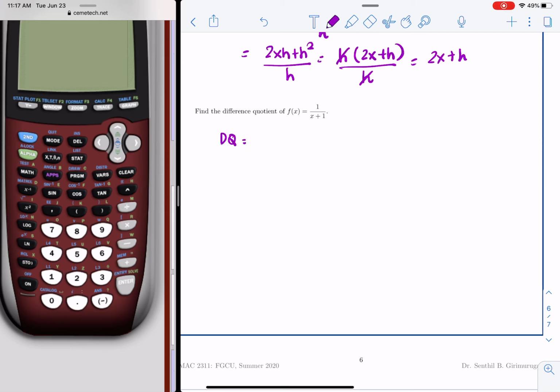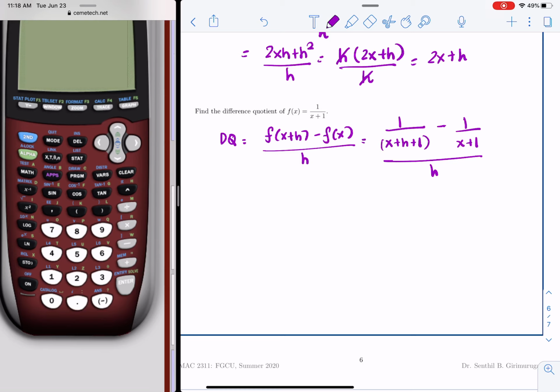So the difference quotient is f of x plus h minus f of x divided by h, which is 1 over x plus h plus 1 minus 1 over x plus 1 divided by h. We need to get a common denominator if we have to combine those two together. So the common denominator between x plus h plus 1 and x plus 1 is the product of the two.